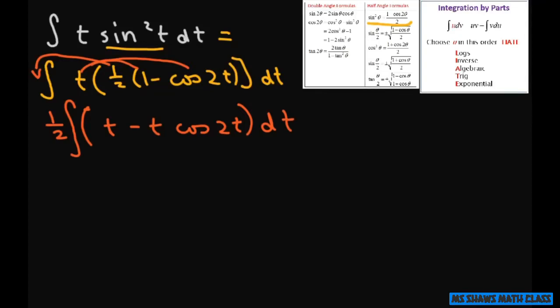All right. And now I'm going to use integration by parts. Well, the first thing I can do is just simplify this as 1/2 the integral of t minus 1/2 the integral of t times cosine 2t dt.